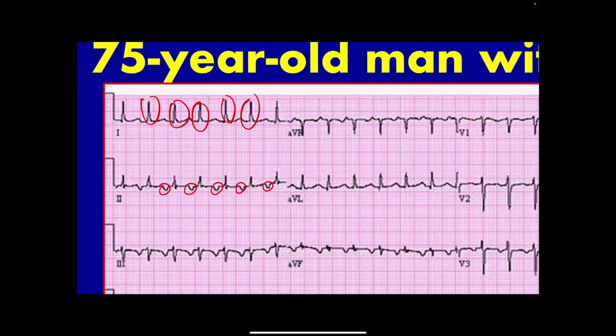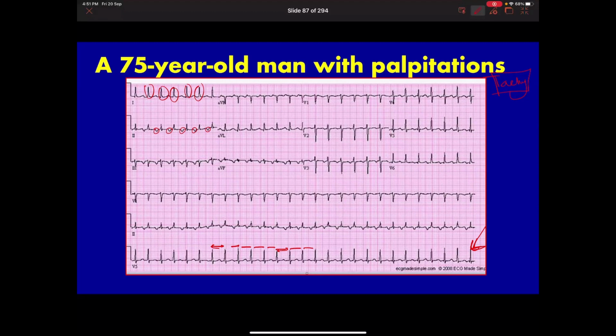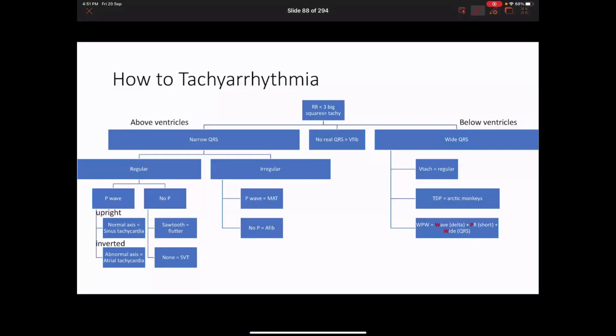So what do we call this? Atrial. Yes, atrial tachycardia. Am I lagging still? No. Okay, so this is atrial tachycardia. Okay, is it clear how to approach this part? We did this one and this one.